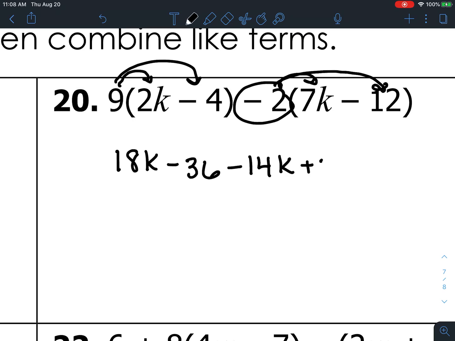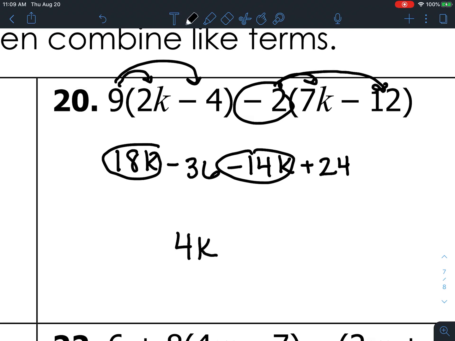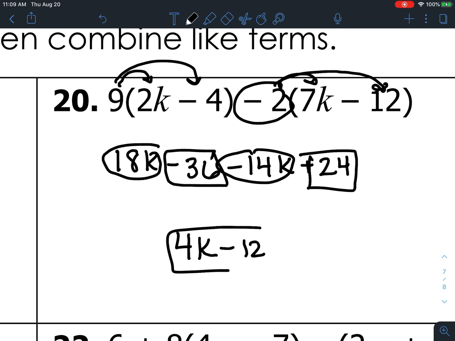Negative 2 times negative 12 is going to be a positive 24. Combining our like terms, 18k minus 14k will give me 4k, just like the definition on your TV. And then I'm going to combine my constant terms. Negative 36 plus 24 will give me negative 12.